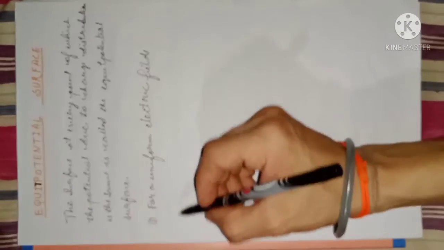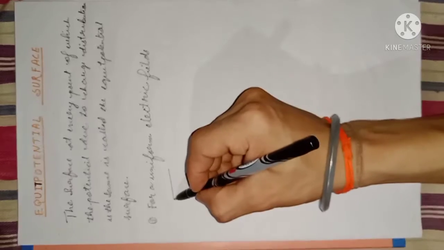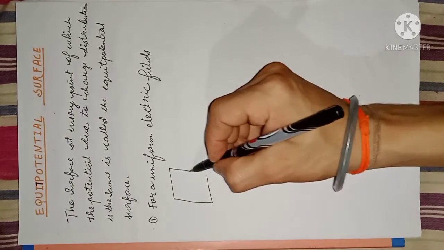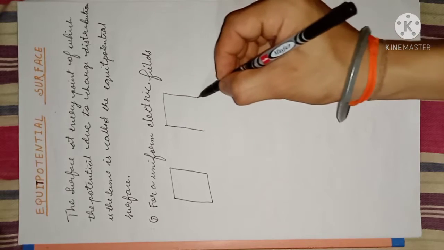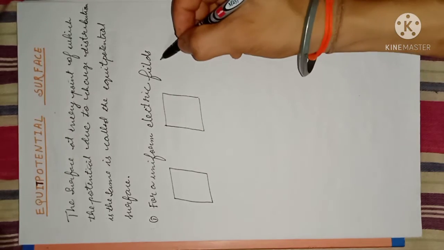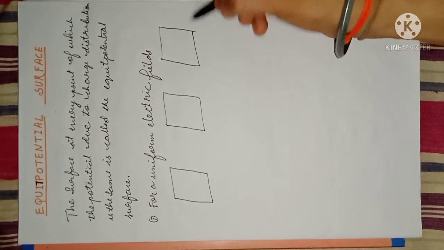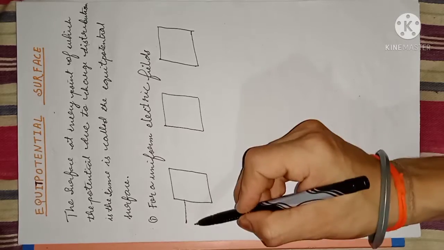You can draw the diagram of electric field lines. First of all, draw a plane surface. After drawing the plane surface, you need to draw the electric field lines.